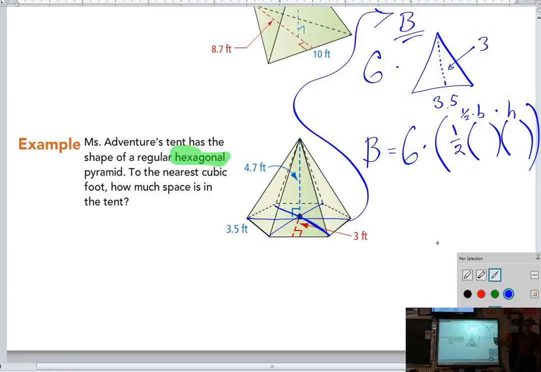That's the single triangle. My little b and little h have to be perpendicular, so they are my 3.5 and my 3. Unfortunately, we're not doing the 1/3 yet, because a third would work very well. So we probably want to grab our calculator for this. Or, multiplication is commutative. What's half of 6? 3. Then I can do 3 times 3 times 3.5. So really I'm doing 9 times 3.5.